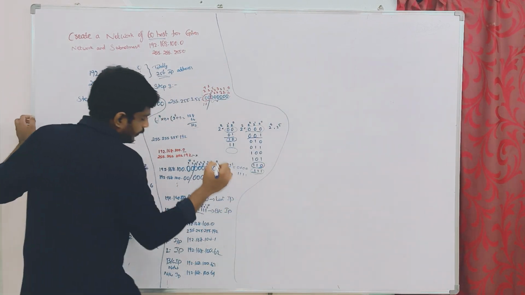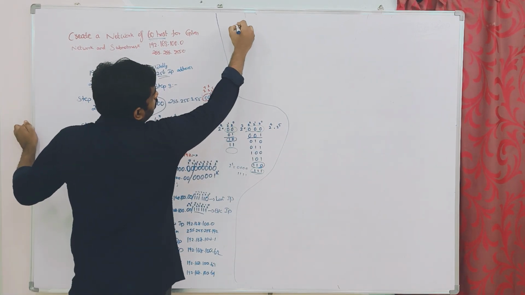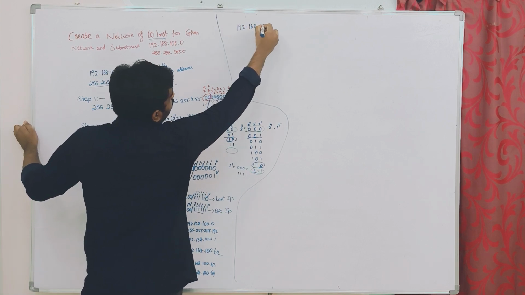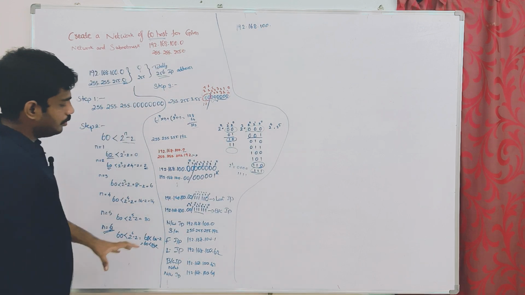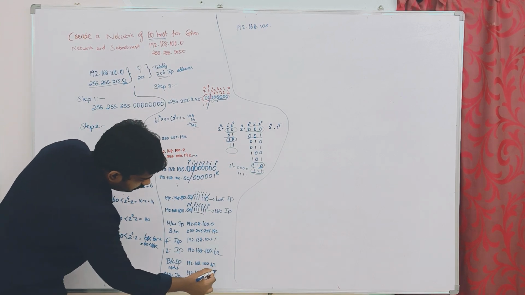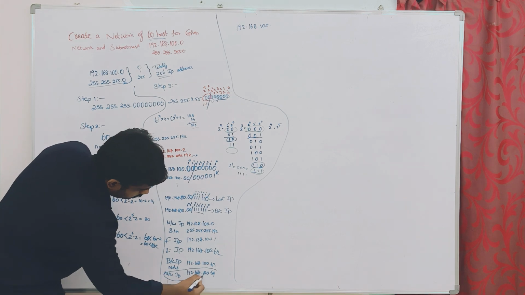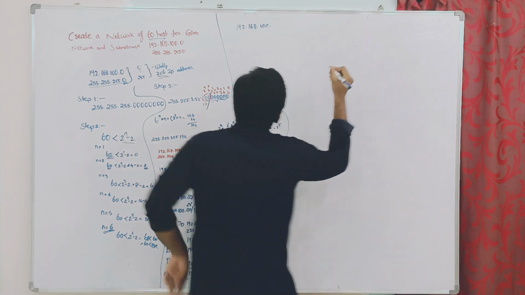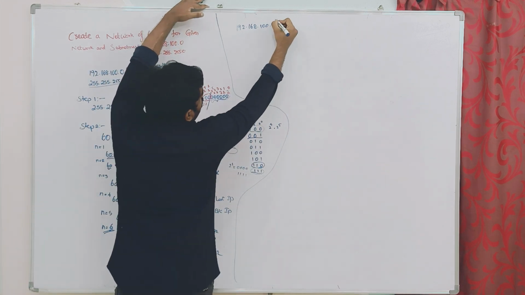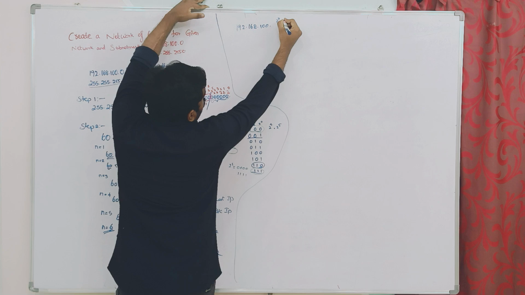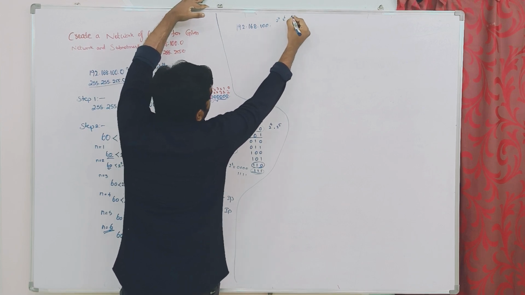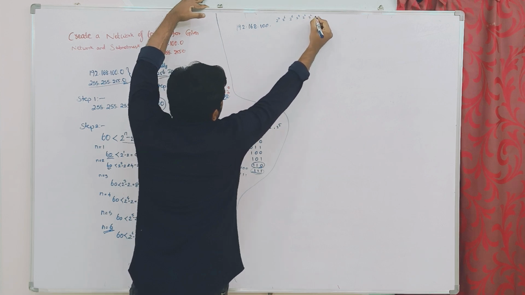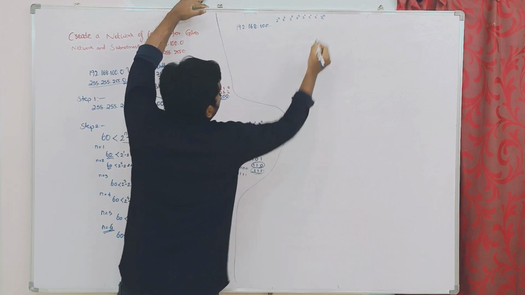Now you take 192.168.100. Before doing that, we take the next network IP. How do we get it? 2 power 7, 2 power 6, 2 power 5, 2 power 4, 2 power 3, 2 power 2, 2 power 1, 2 power 0.